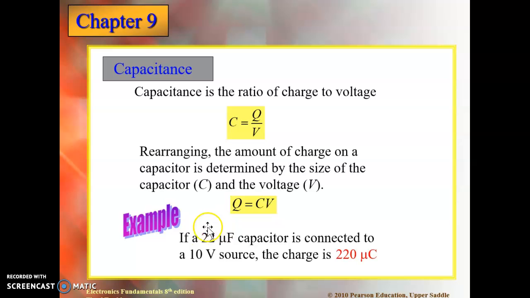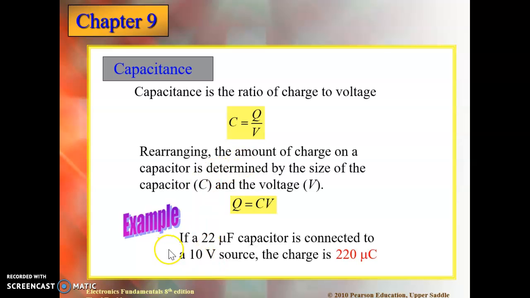For example, here I have 22 microfarads. Another important thing, capacitor units are farads. One coulomb of charge over 1 volt is equal to 1 farad. Capacitor values are usually in the micro to picofarad range, very, very small values, and we are going to see later why.